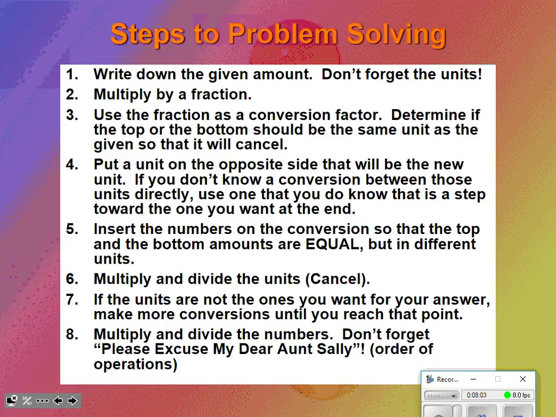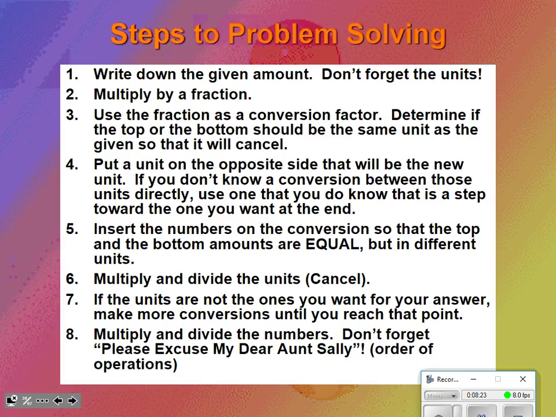The first step is to write down the given amount. Don't forget the units because the units are very important. You need to multiply by a fraction that is known as the conversion factor.